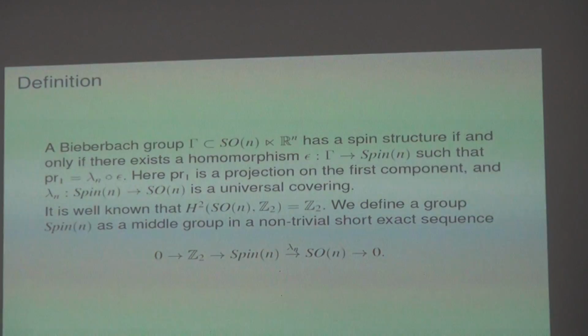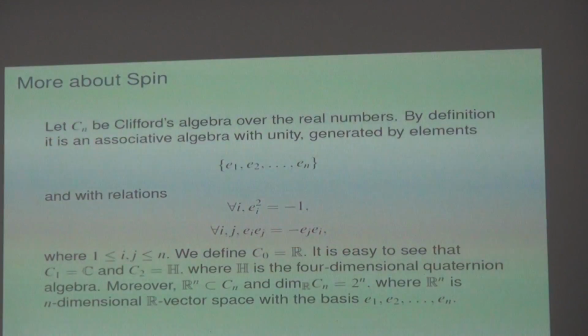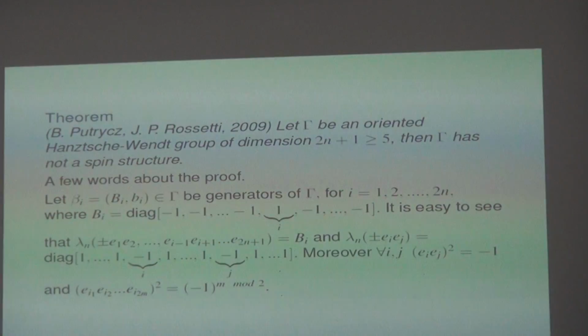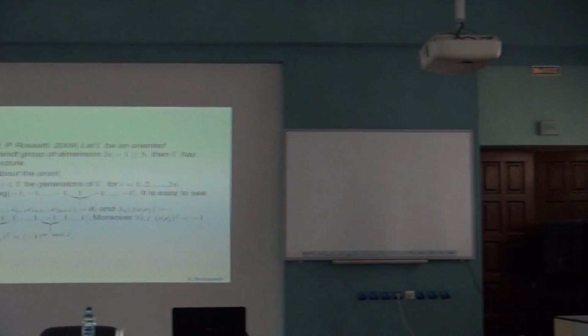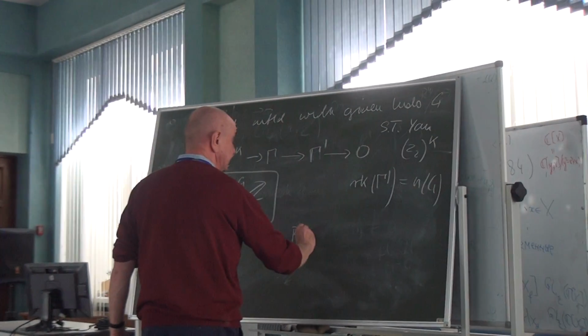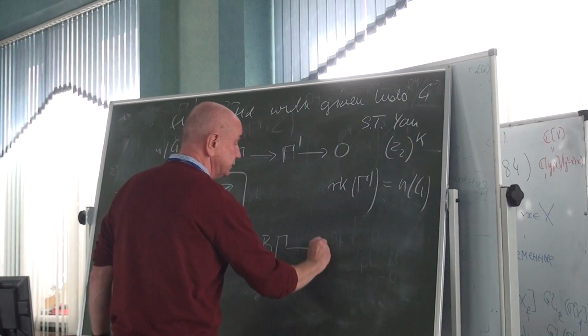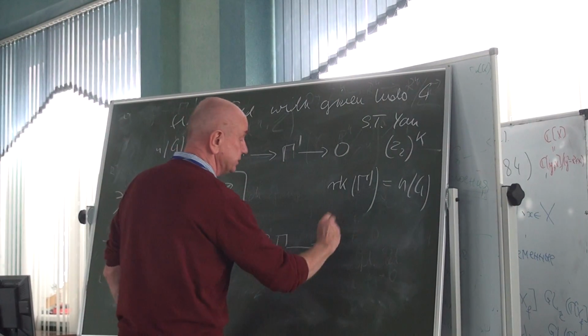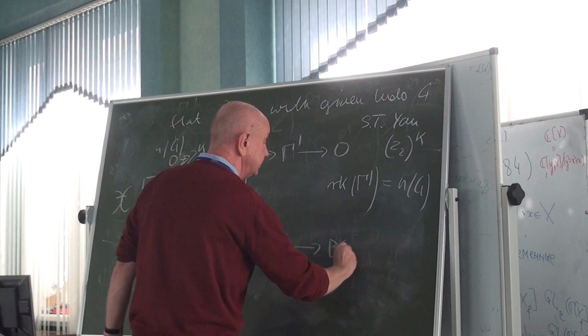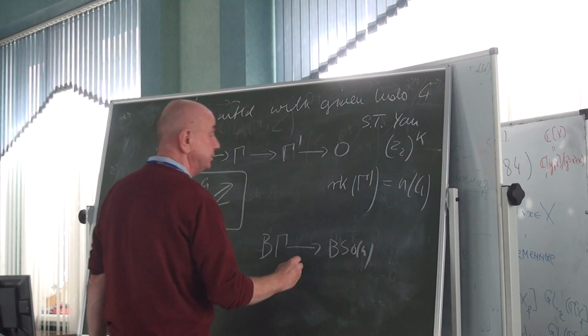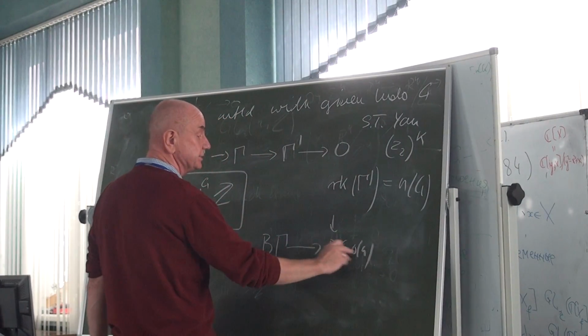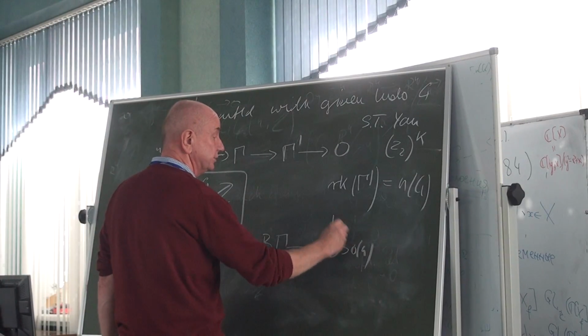I think everyone here knows the definition of the spin group and the spin structure. And the definition I use is this: if we take the classifying space, the fundamental group of flat manifolds, oriented.